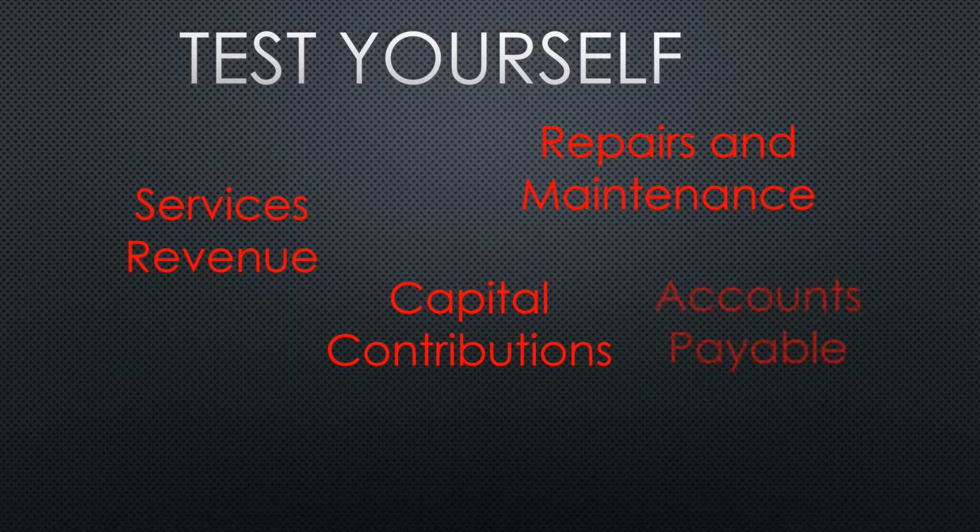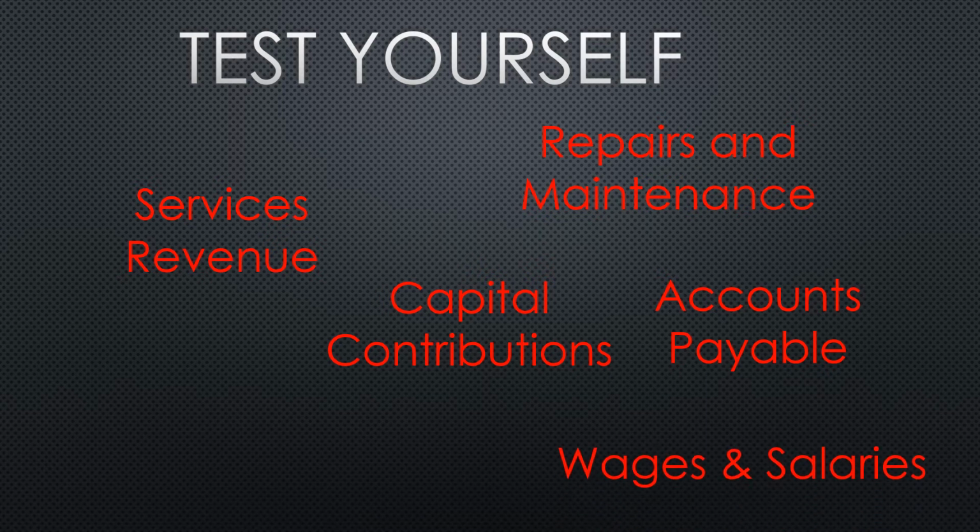Services revenue, repairs and maintenance, capital contributions, accounts payable, wages and salaries, a loan, or a mortgage. Let's start with services revenue. Now, when you look at this account, the first thing that pops up is the word revenue.